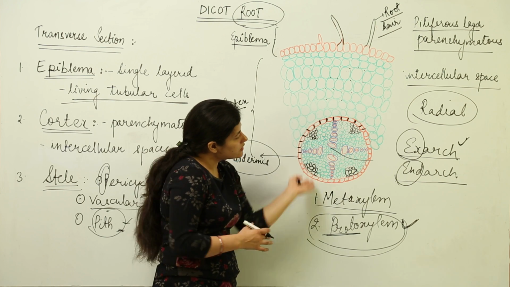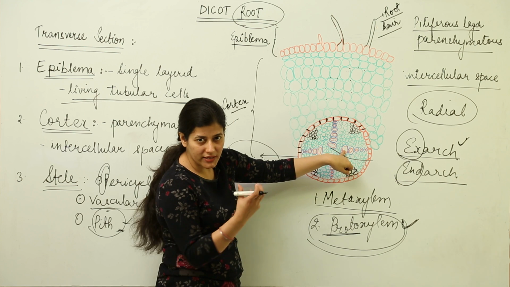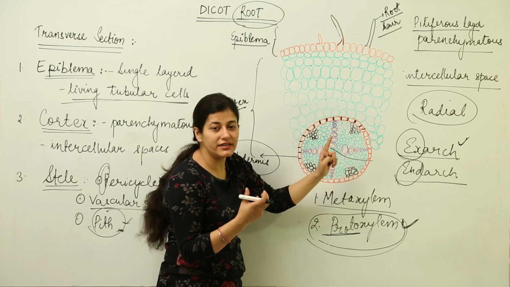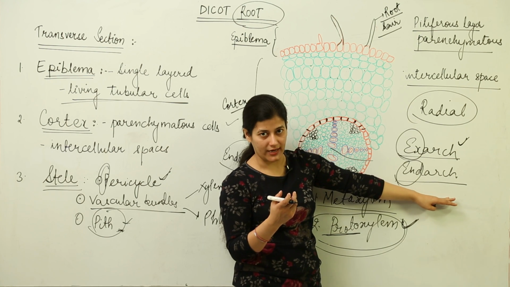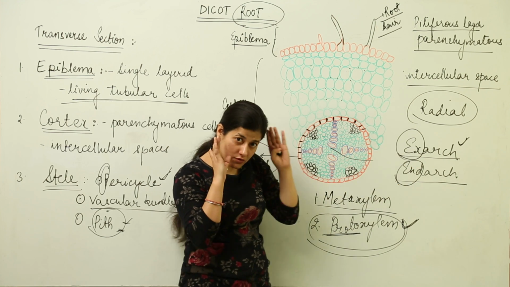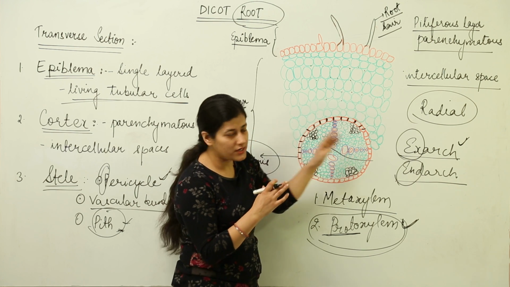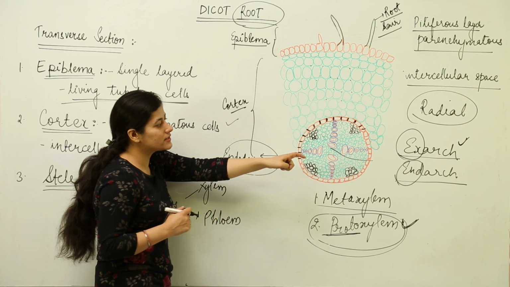In case it is opposite, these greater radii ones are towards the periphery and the smaller ones are inside, then that condition is endarch type of xylem. You have to remember these two things by heart, and keep in mind that this arrangement in the case of a dicot root is exarch.